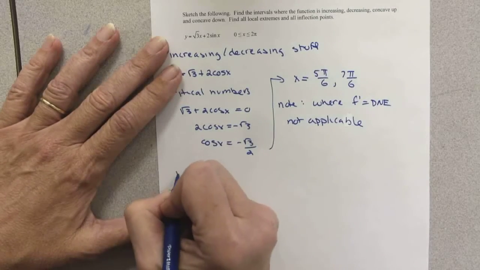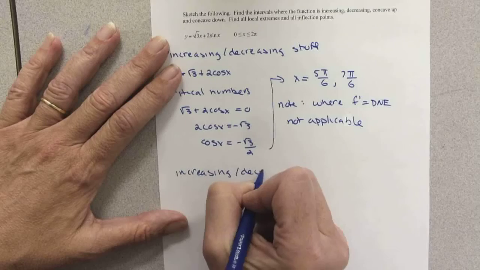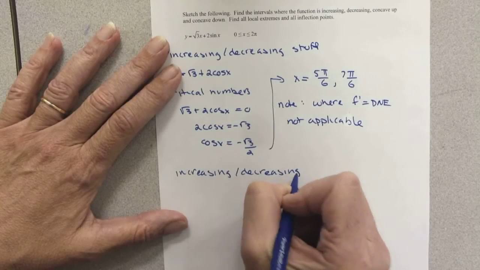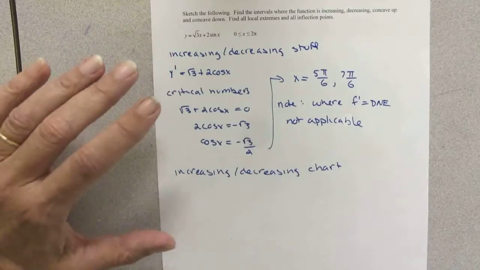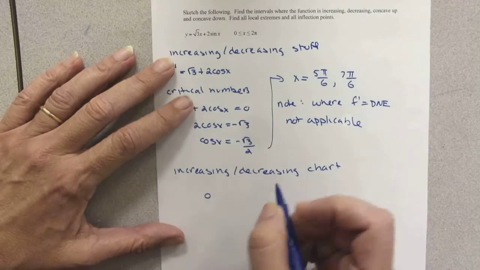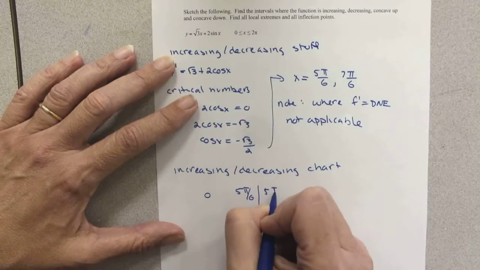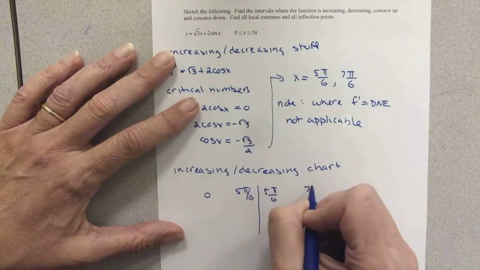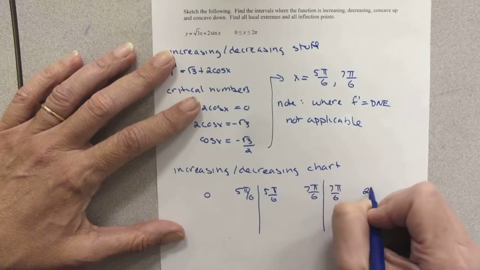So then my increasing, decreasing chart. I'm only on the interval from 0 to 2 pi. So 0 to 5 pi over 6, 5 pi over 6 to 7 pi over 6, 7 pi over 6 to 2 pi.